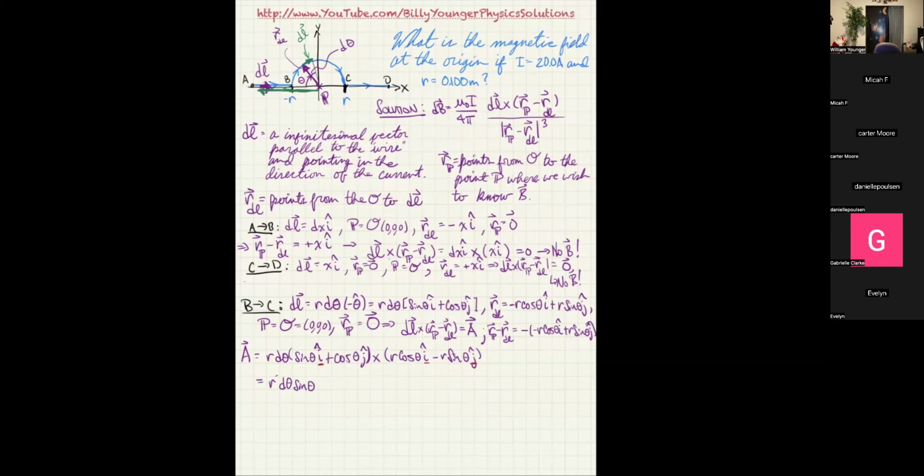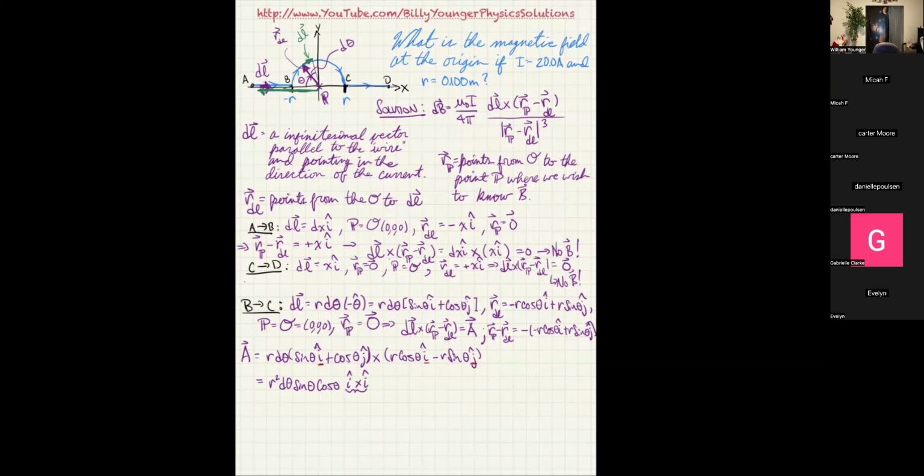Now I got another r. Now I've got a cosine theta. Now I've done all the I hat scalars in front of it, and all I have left is I hat cross I hat, which hopefully y'all know what that is. I'm going to give you a little while to stew over it, and I'll come back and fill in under that bracket in a second.